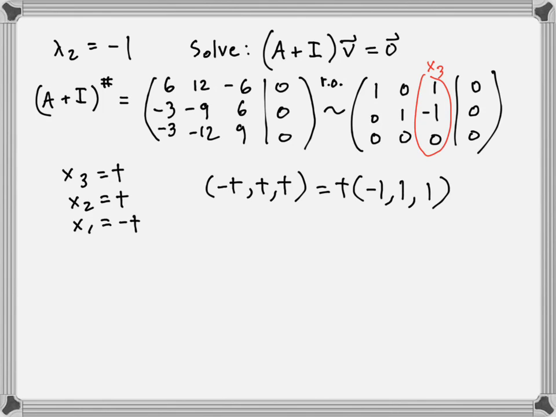So we can write the set of eigenvectors now. This is equal to the span of (-1, 1, 1), take away 0.